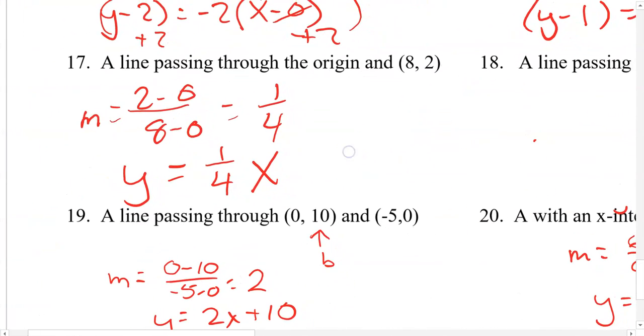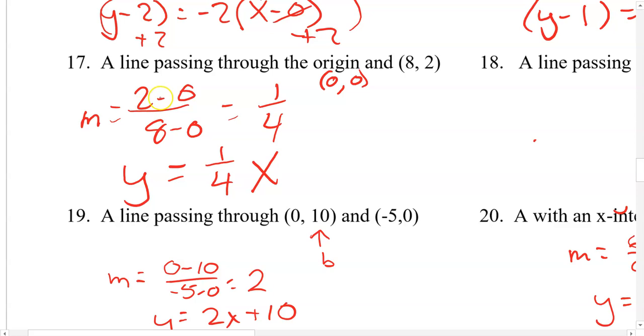Number 17. This asks us for a line passing through the origin and the point 8, 2. So passing through the origin, I have the point 0, 0. And I have the point 8, 2.